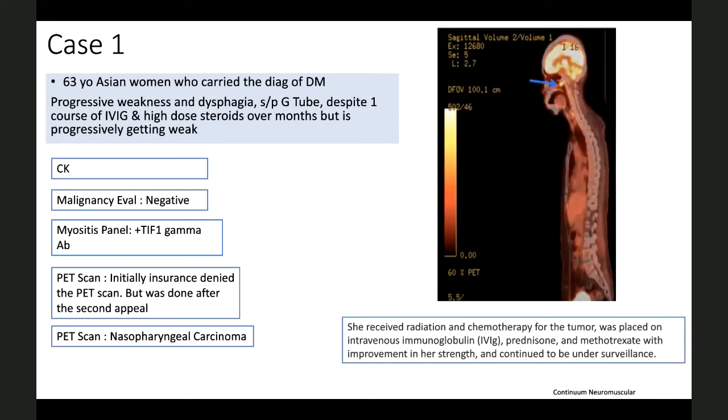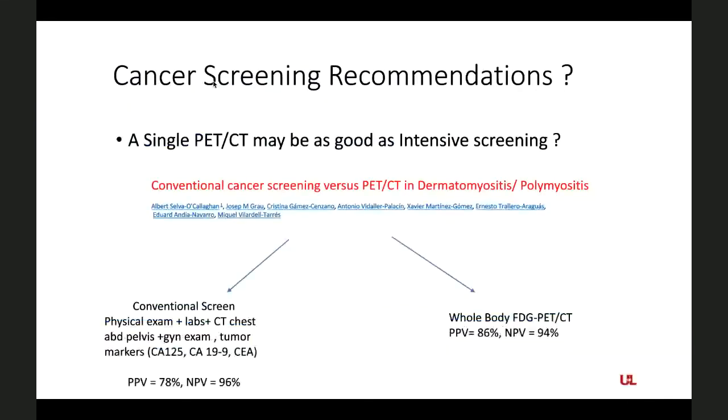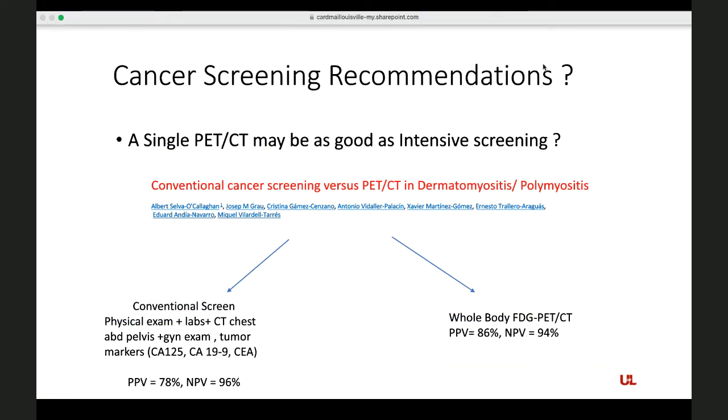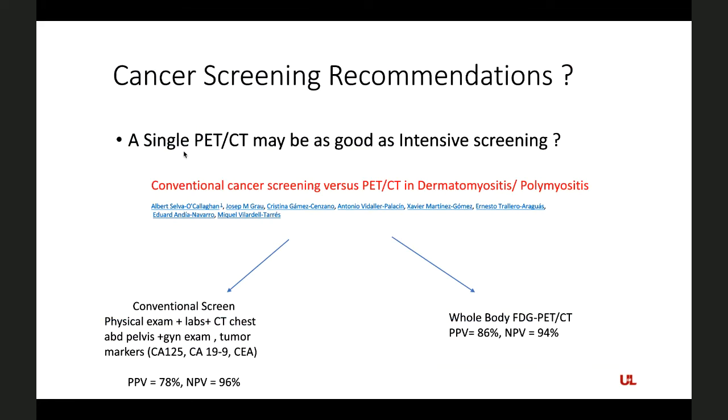So it's important for us to vouch for the patients when we do know that a particular antibody is associated with high risk for cancer. Again, the cancer screening recommendations. I'm going to move a little bit faster because I don't have much time, but this PET and CT, combining both or just doing the PET alone in patients who have increased risk for cancer is very important.